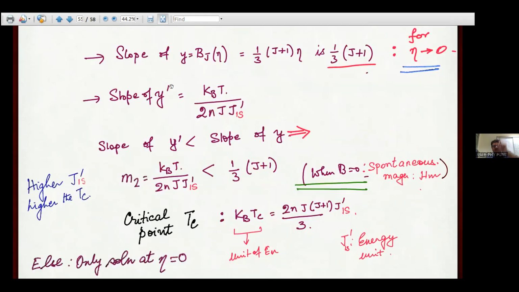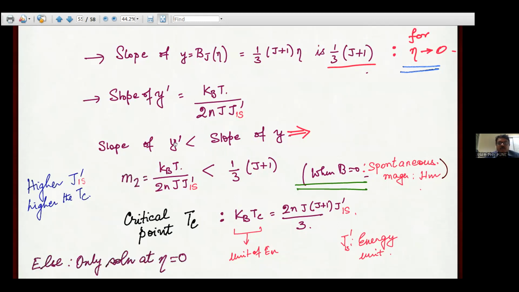So just repeating, the slope of the Brillouin function is 1/3 (J+1) for eta equal to 0, not in general. And the slope of y dash, the right hand side of the equation of kBT equal to, is this. For the slope of the Brillouin function to be less, so y was this.